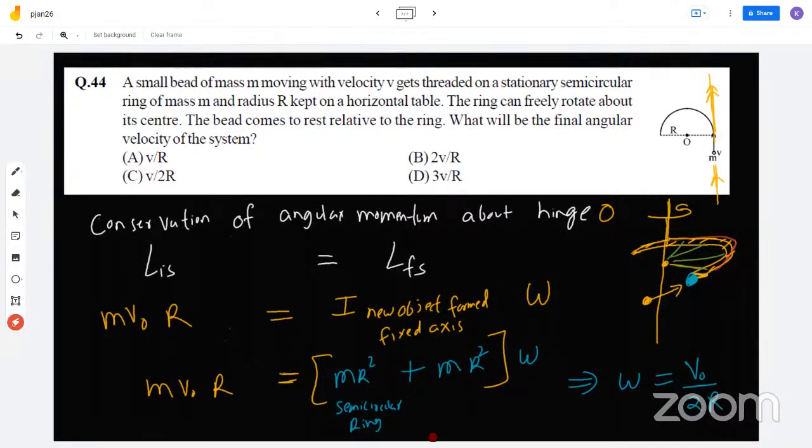This was the ring here, free to rotate about this axis. This is the top view, looking from above. The ring will look like this from above, and the axis will look like a point. This is the isometric view. This particle goes and strikes it. So initial angular momentum equals final, I into omega. Students, you all copied everybody? Yes, sir. Okay.